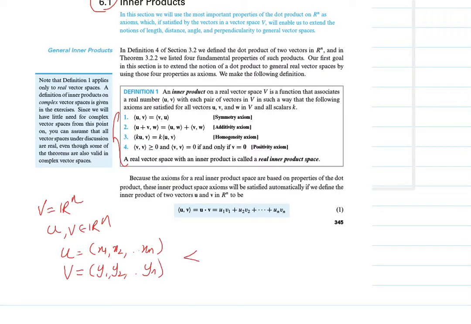Then the inner product UV is defined as simply U dot V, that is equal to x1 y1 plus x2 y2 plus etc., xn yn. So this is an inner product on Rn, the vector space Rn.